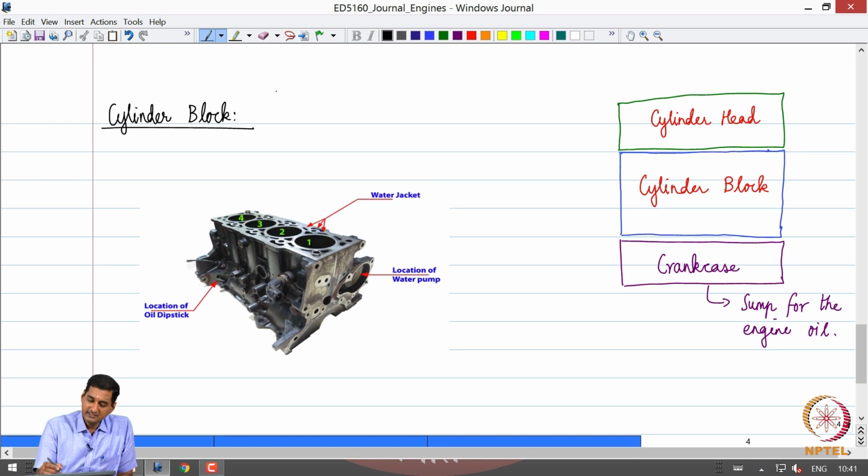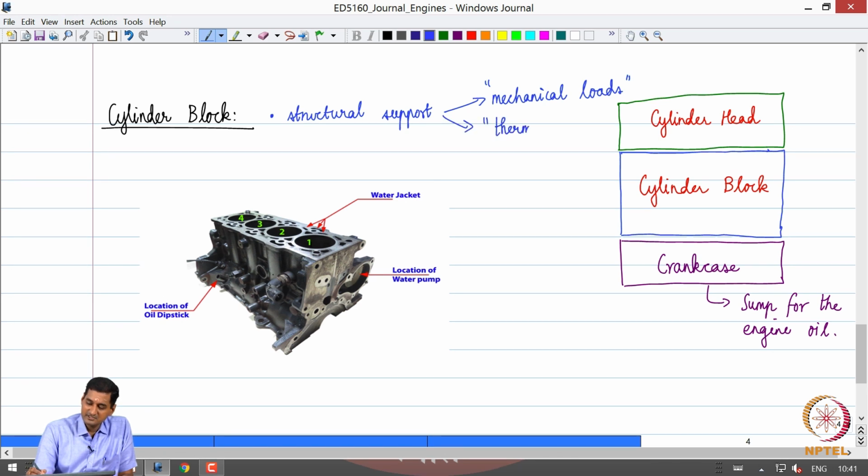So the cylinder block has to provide structural support, because you are going to have a lot of mechanical loads, as well as thermal loads, because a lot of heat energy is going to be generated, and the engine is going to get very hot.